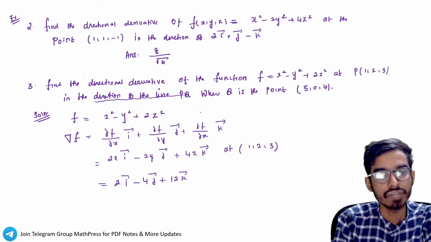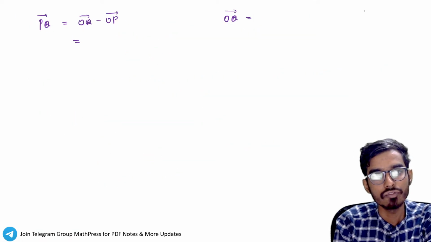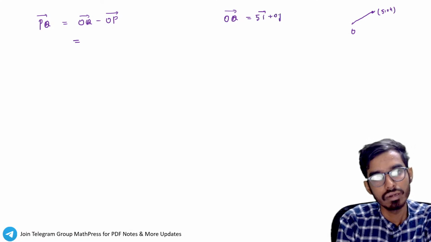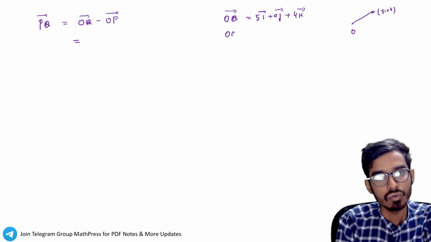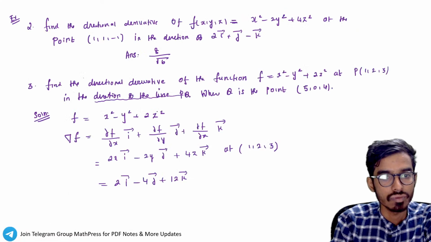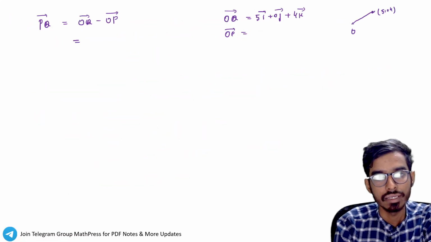If I write it as a vector, we'll have 5i vector plus 0j vector plus 4k vector. And OP will be, P is 1, 2, 3.